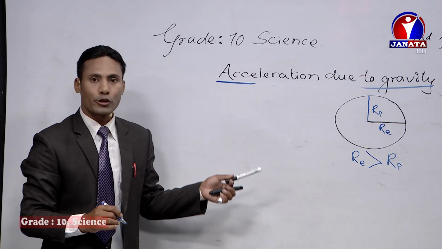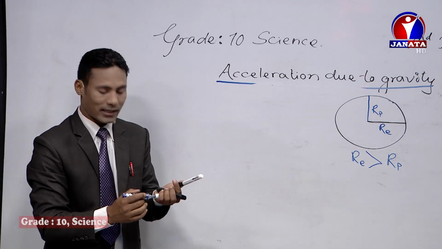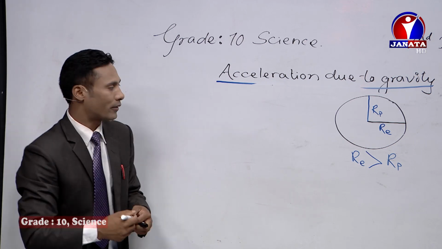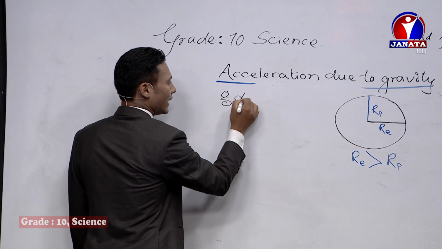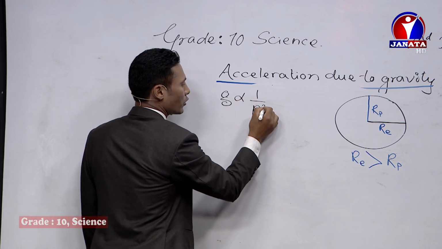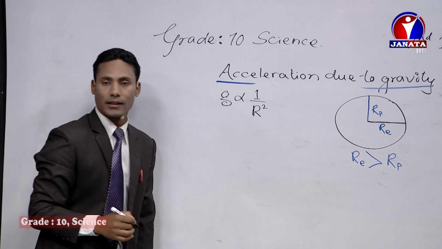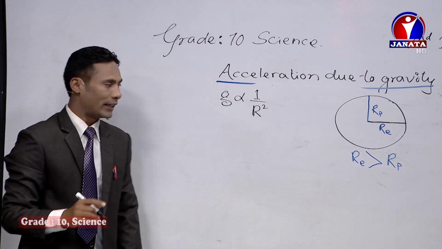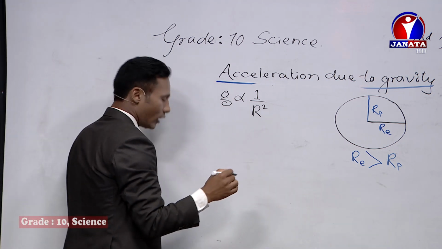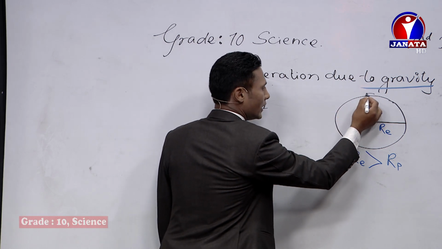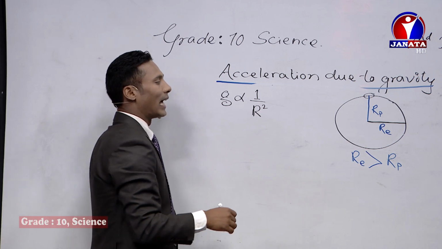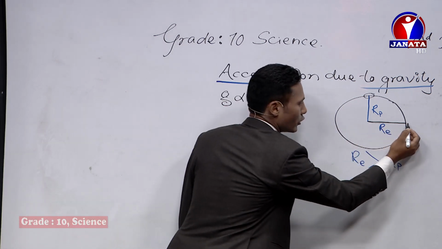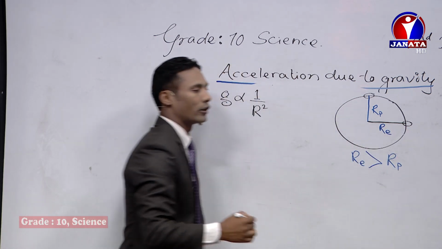So we are going to demonstrate why the value of acceleration due to gravity varies from place to place. I have already said g is inversely proportional to the square of radius. Now the value of acceleration due to gravity at the pole is more than the value at the equatorial region.